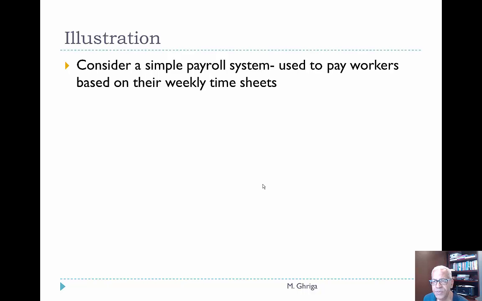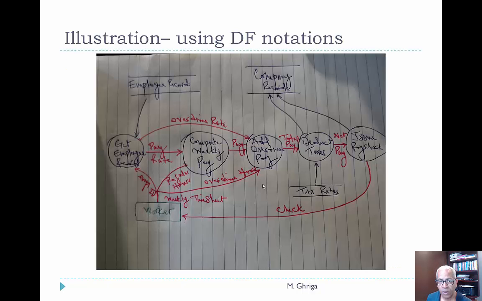For illustration purposes, look at a very simple payroll system, which is used to pay workers based on their weekly timesheets. This diagram uses our notations, and we can easily see, for example, we have one external entity or agent, and that's the worker.